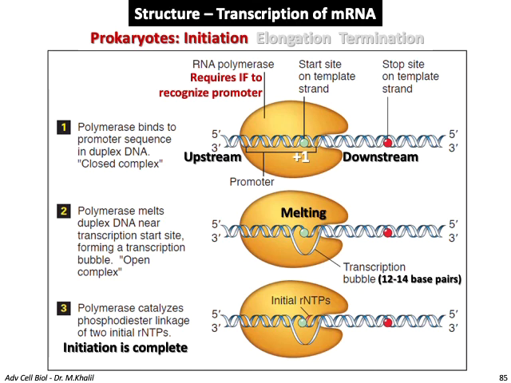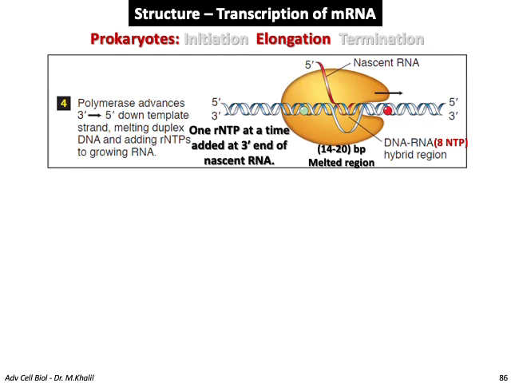Okay, so you have two nucleotides after transcription. So we'll talk about the elongation. Actually, the elongation is a repetition of what has been done before. So the RNA polymerase starts to move over the DNA, as the transcription bubble is converted to a melted region of around 14 to 20 base pairs and starts to move along the DNA.